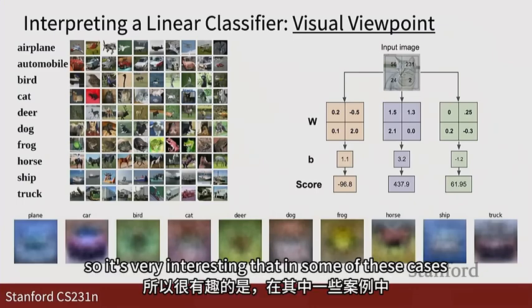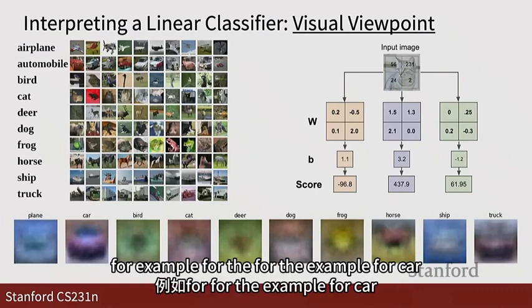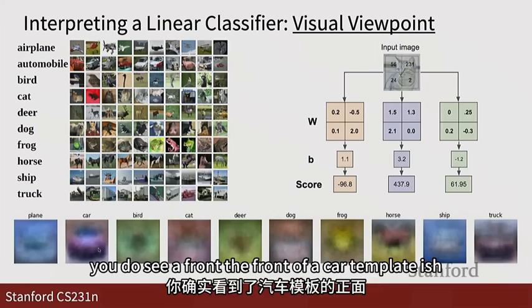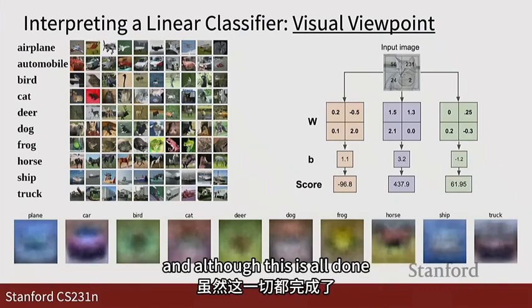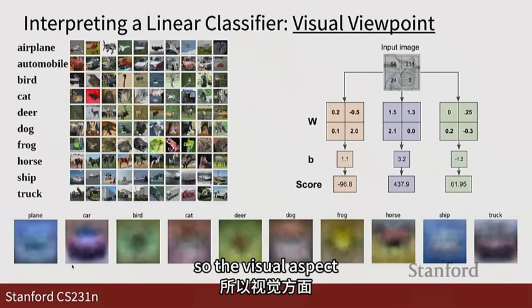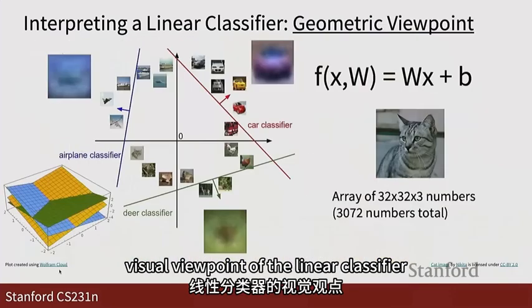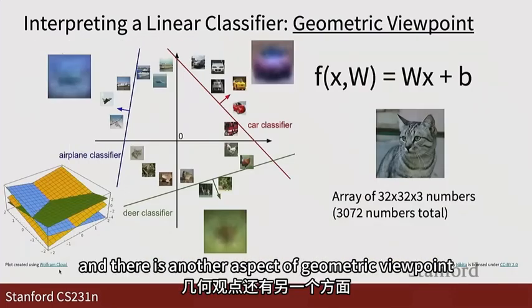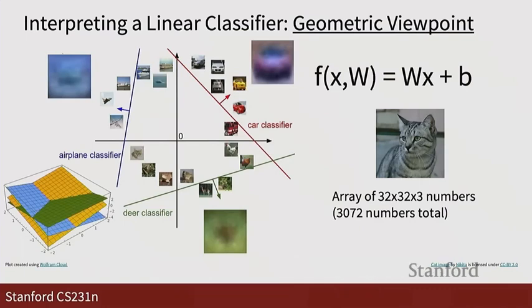It's very interesting that in some of these cases, for example for car, you do see a front-of-a-car template-ish, although this is all done with just one linear classifier.